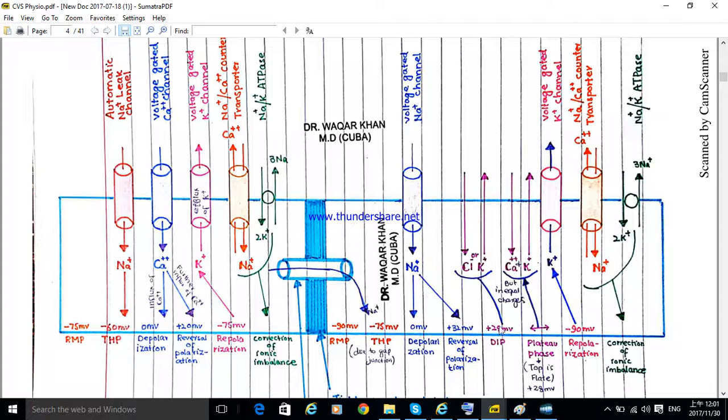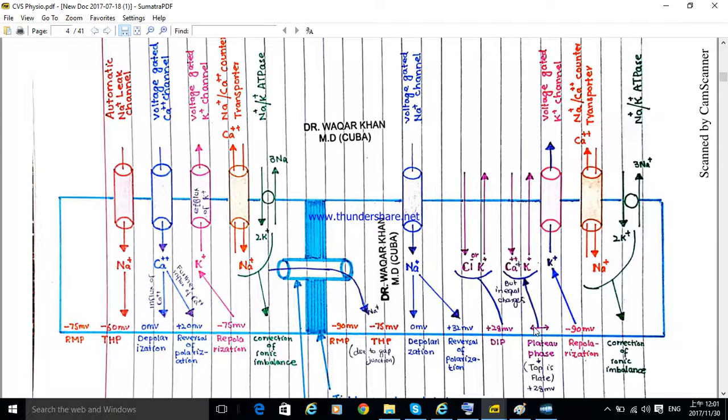So there will be no change in voltage. It is still at positive 28 mV, and this is the plateau phase. Why plateau? Because for some time it has stayed at the same voltage, plus 28 mV.